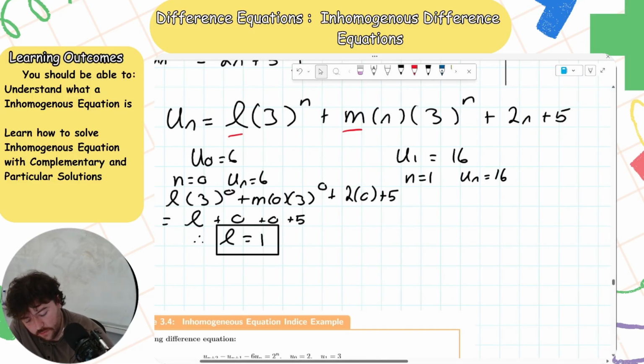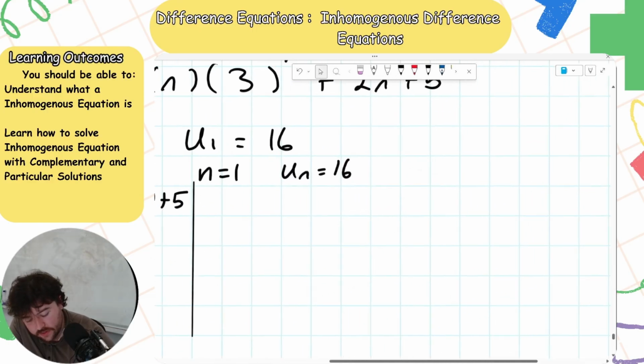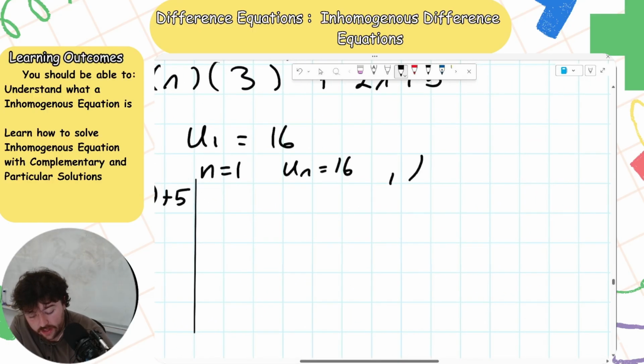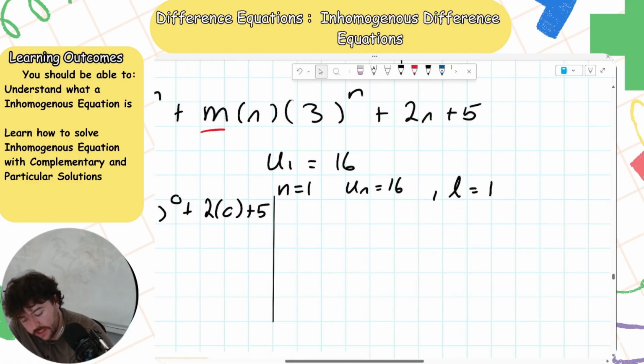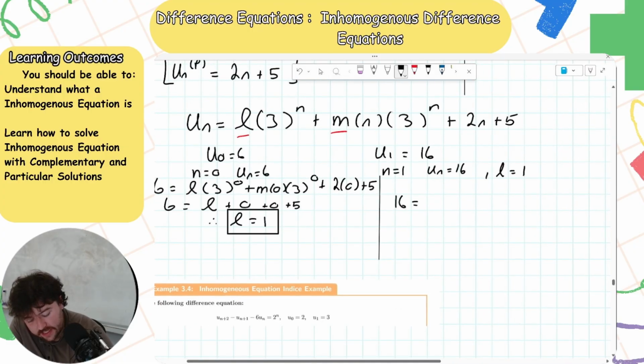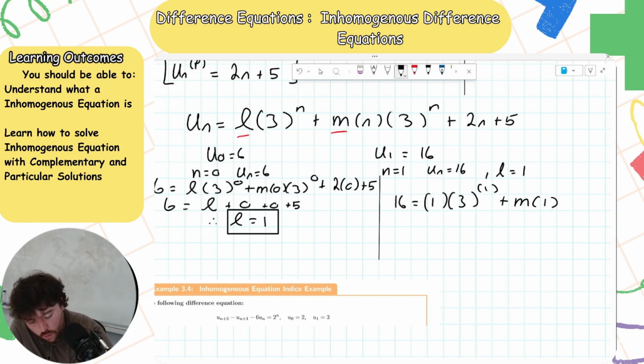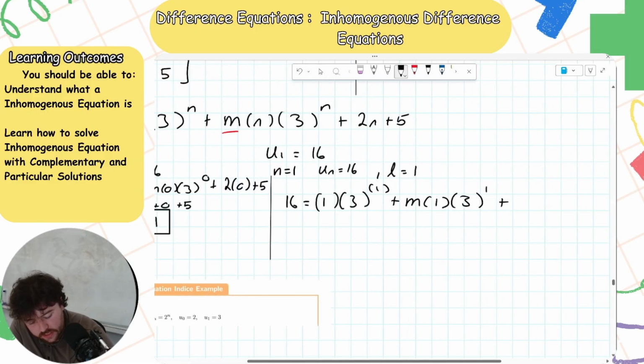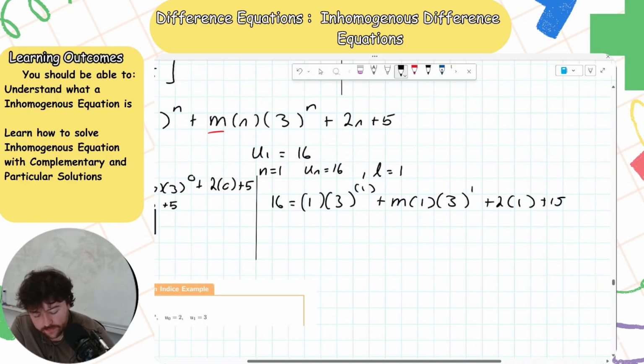And if L is equal to 1, let's look at my next solution here. So when n is equal to 1, un is equal to 16, and we know L is equal to 1, so that kind of saved us some time there. So sub it into my general solution here. It's going to be 16 is equal to 1 times 3 to the power of 1 plus m times 1 times 3 to the power of 1 plus 2 times 1 plus 5. So wherever I have n, I'm putting in 1.